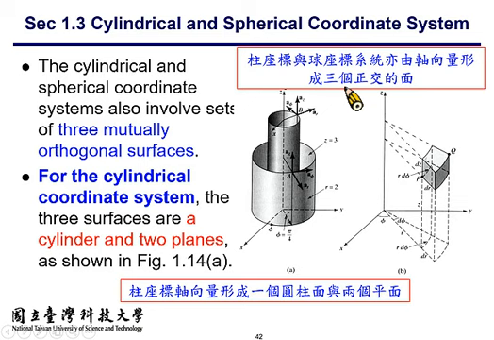So, how about this figure? This figure shows an example of a differential volume expanded by three reference directions in the cylindrical coordinate system. The height of this structure is dz, and here's dr. However, the description of the length along the phi direction becomes r d phi, right?